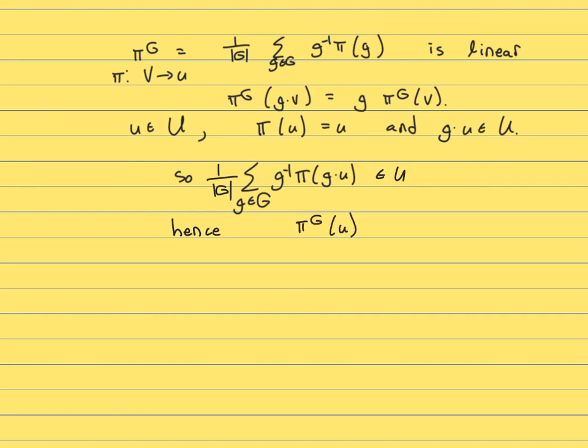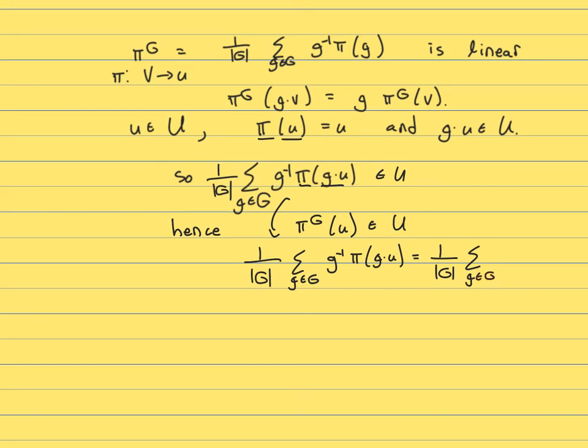Hence pi_g of a vector in U is in fact in U. In fact, more to the point, pi of g, pi of any element in U, is that element. And inverses cancel with each other.